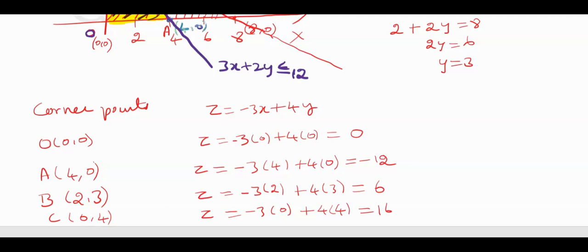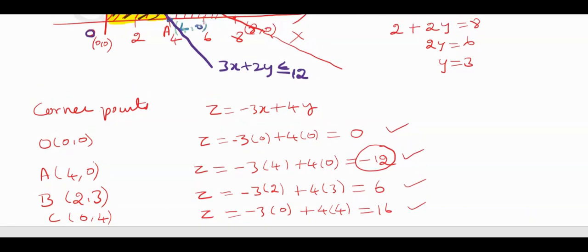Now among these 4 values, that is 0, minus 12, 6 and 16, minus 12 is the minimum value.